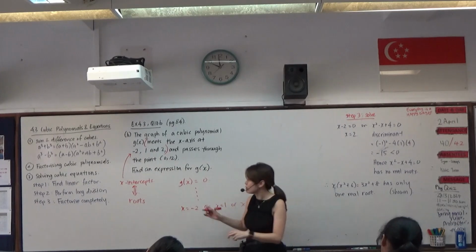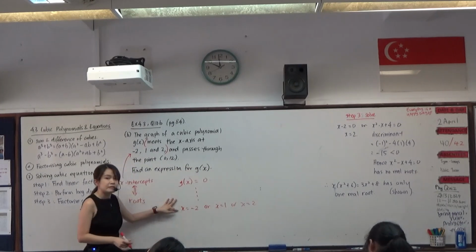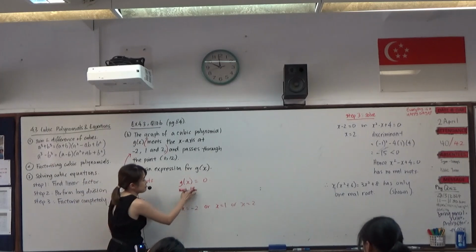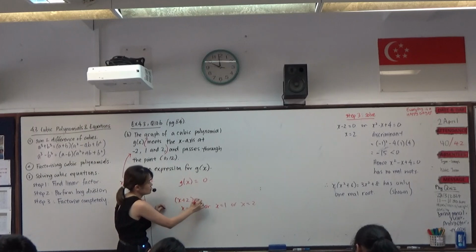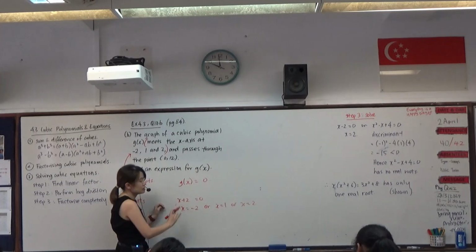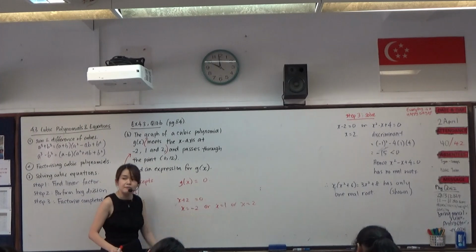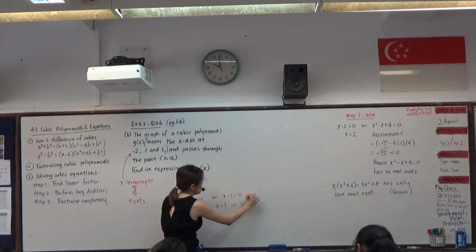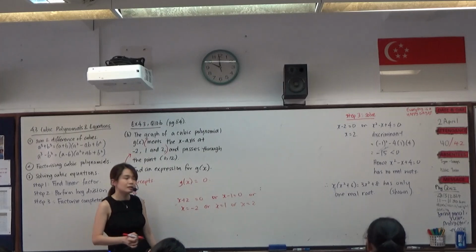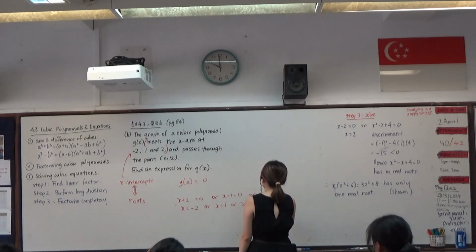So what can we say about this? What is the step before? For x equals negative 2, it is x plus 2 equals 0. For x equals 1, it is x minus 1 equals 0. And for x equals 2, it is x minus 2 equals 0.